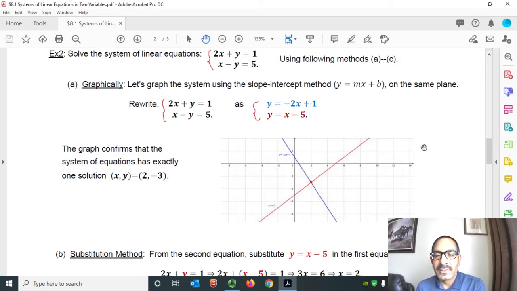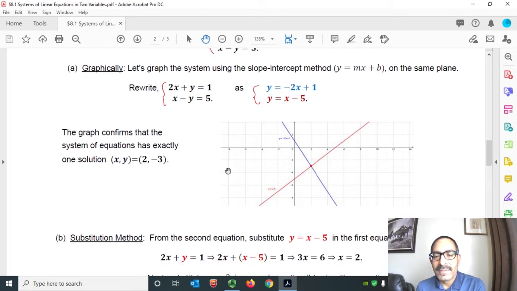We can make an xy table, pick x values, find corresponding y values, make ordered pairs and graph, or use the slope-intercept method to graph those equations. Now we have the graph here.